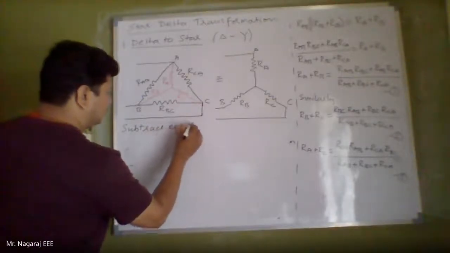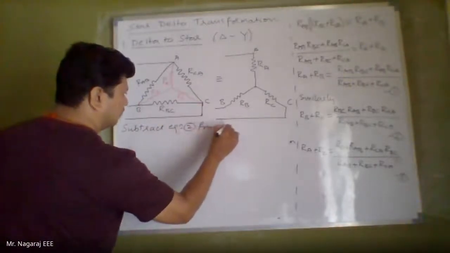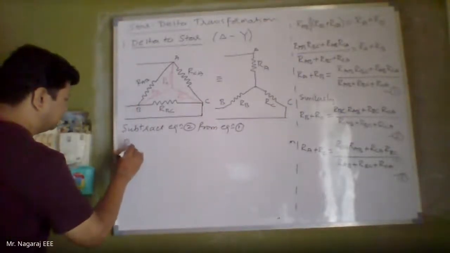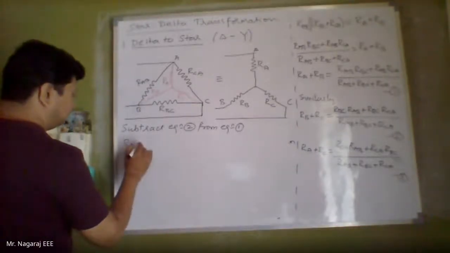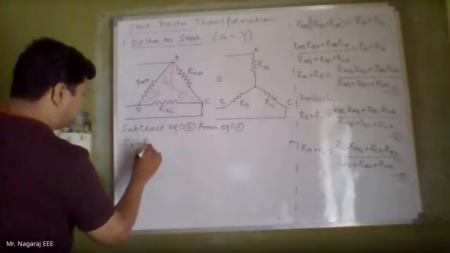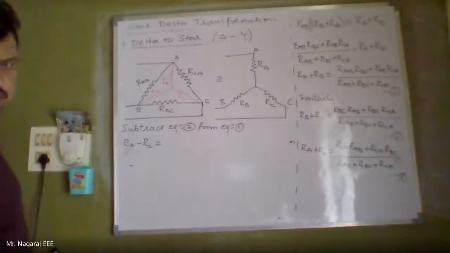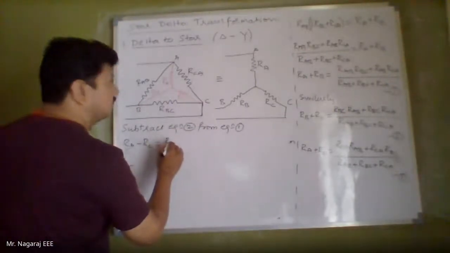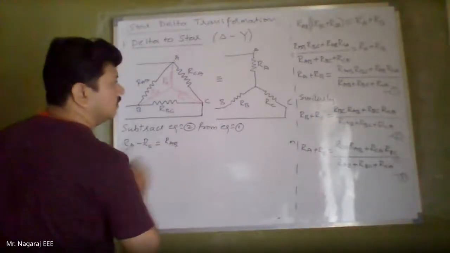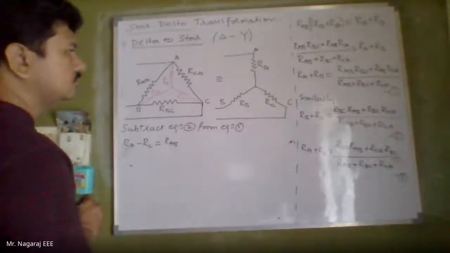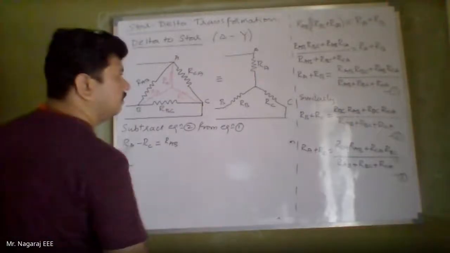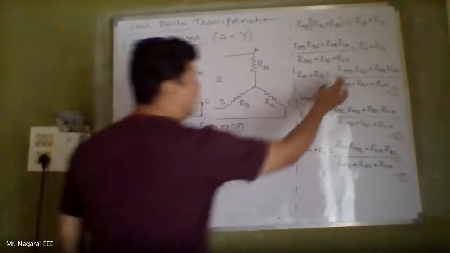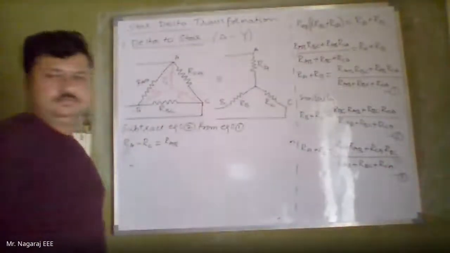Subtract equation 2 from equation 1. So what I get is RA minus RC. LHS will be RA minus RC is equal to RAB... RBC, RBC, RAB will cancel.